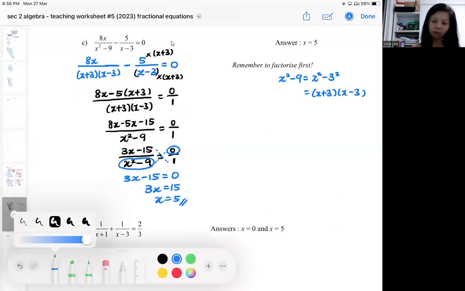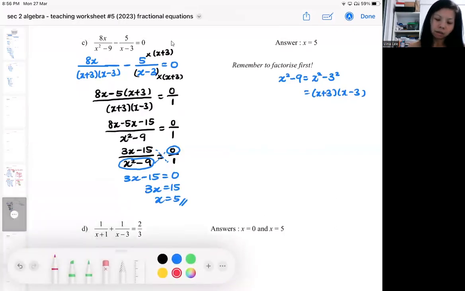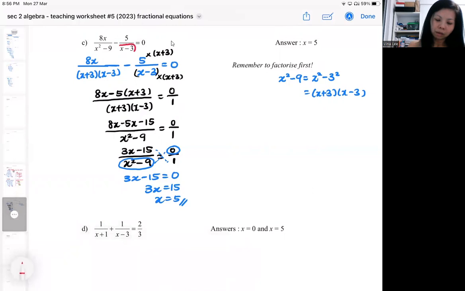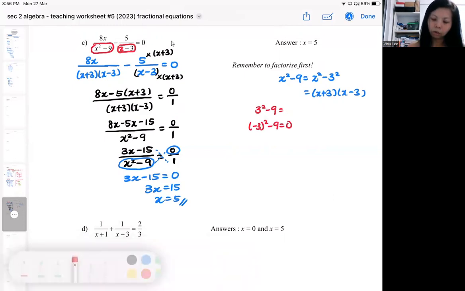Mentally, I would just tell myself, what will make this a 0? 3 will make this a 0, so x cannot be 3. What will make this a 0? You can mentally think 3 squared minus 9 will be a 0, and minus 3 squared minus 9 will also be a 0.